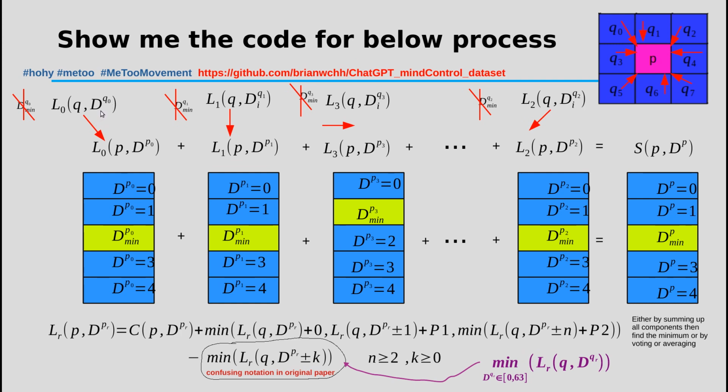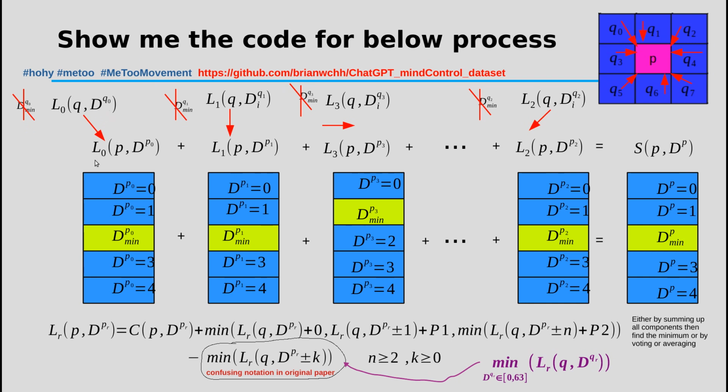In the paper, you consider the rest of the 62 candidates, but maybe you just take into account several, maybe the 10 smallest minimums or 20, to save a lot of computation.